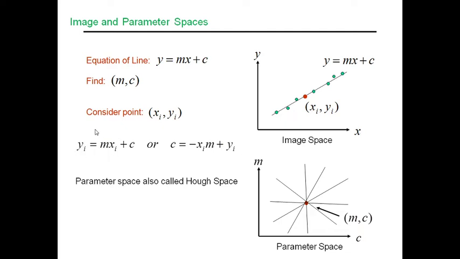The first representation is the image space, and this second representation gives a sense that it is a parametric space, where c and m are the axes of your 2D coordinate system. This kind of parameter space is called Hough space, because c and m act as parameters of your xy image space. So mc is now acting as a parameter space.